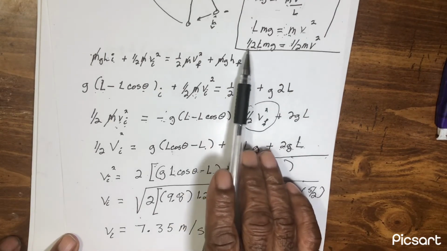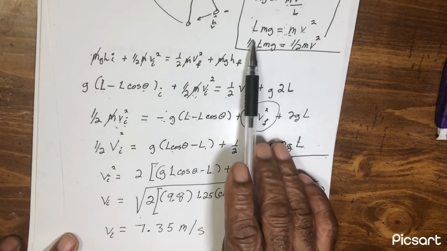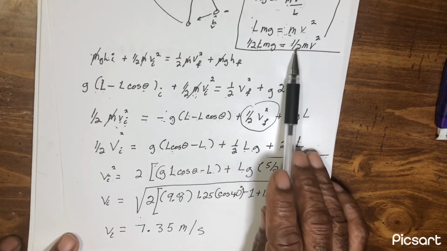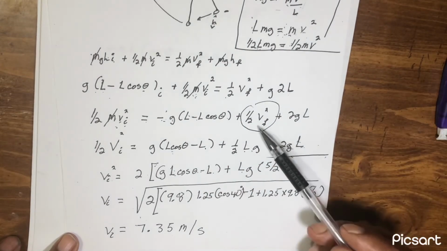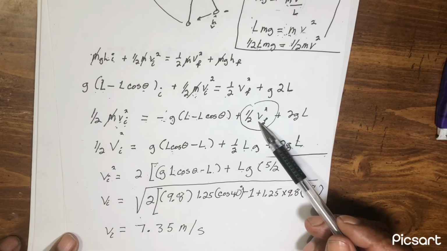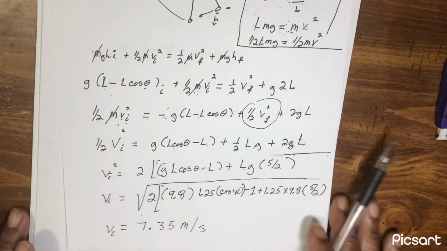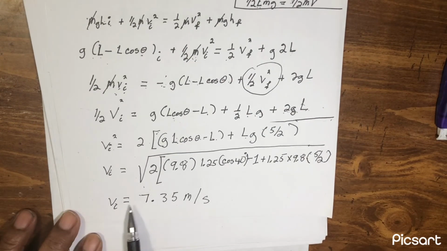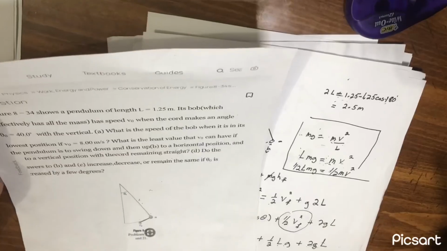And that's where I got the idea, 1/2 L mg equals 1/2 mv squared. And we just substituted that into this expression. And then we did this math, which we've already gone over. And v initial, 7.35. So that solves that portion.